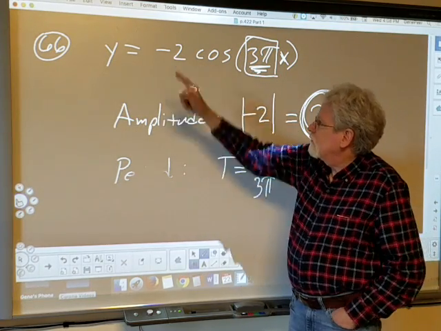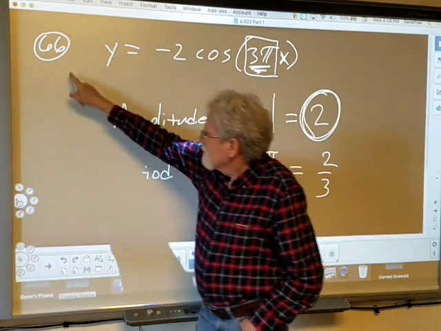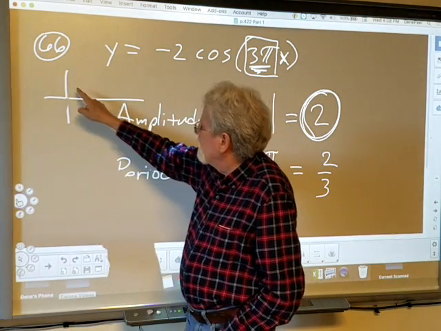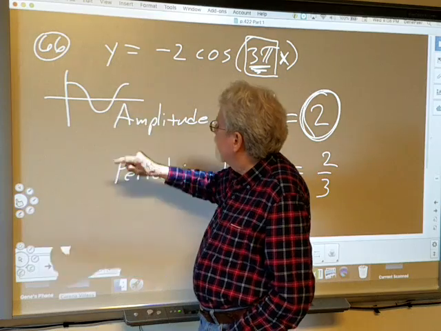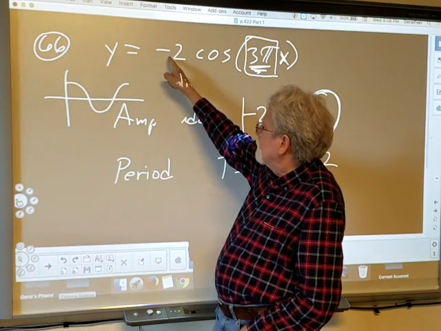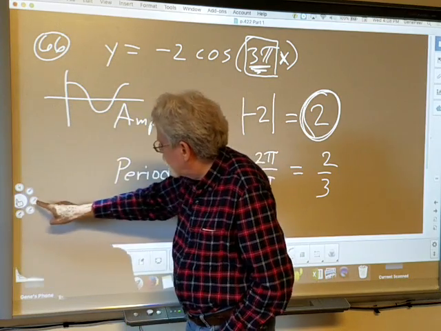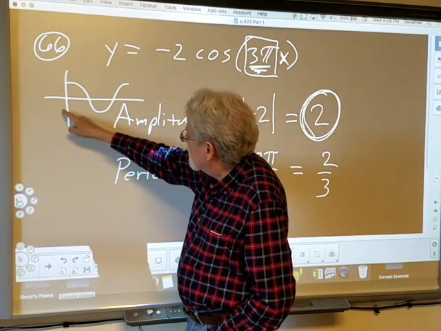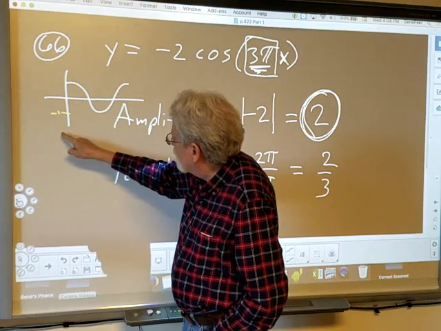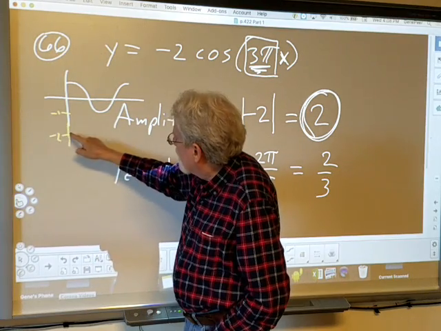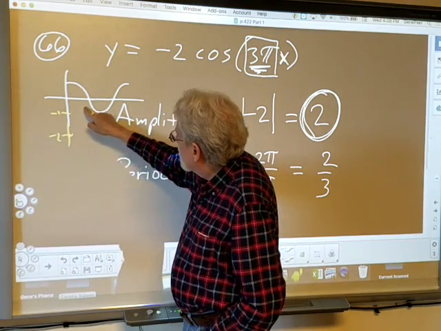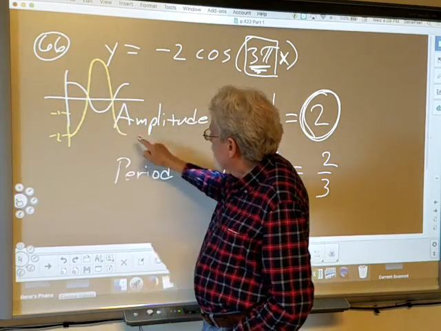But that negative sign, what would that do to it? Cosine normally looks like this. That negative 2 is going to make it twice as tall, but also the negative would make it start down here, not at negative 1, but it will start at negative 2, and it will do something more like this.